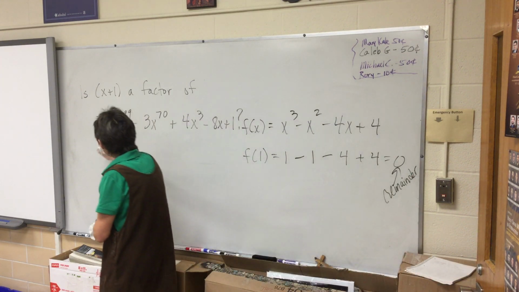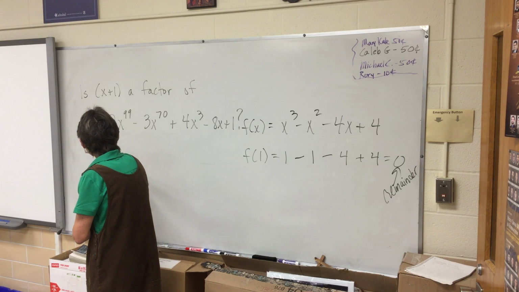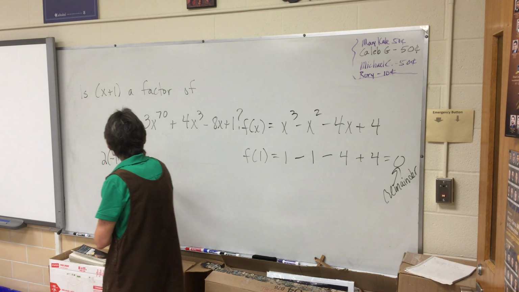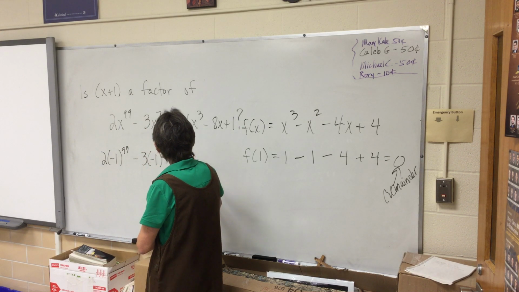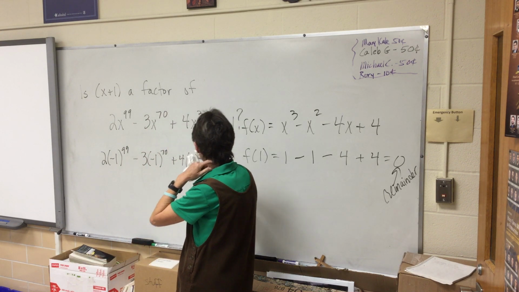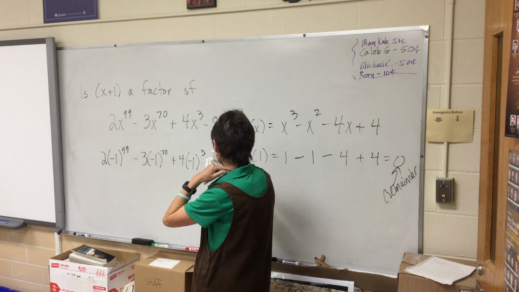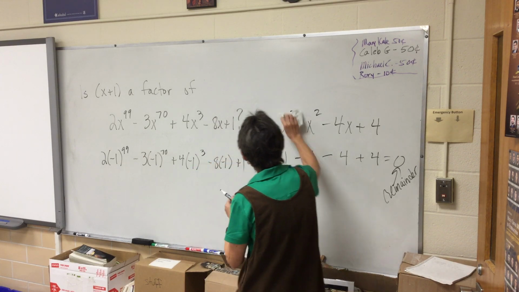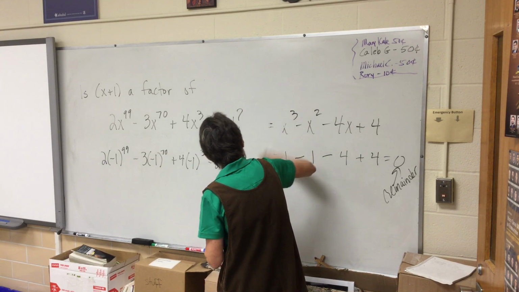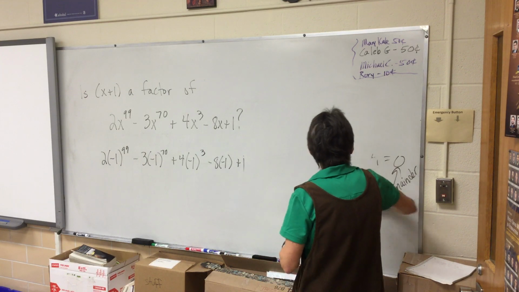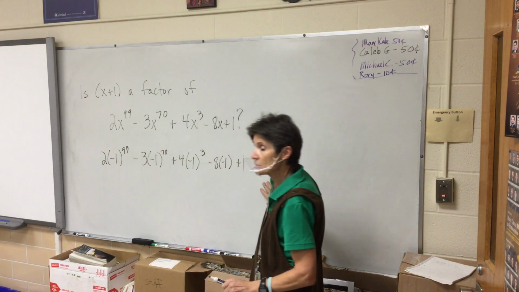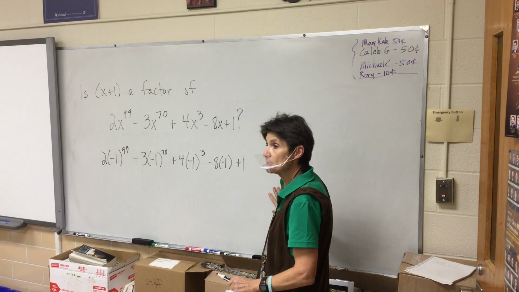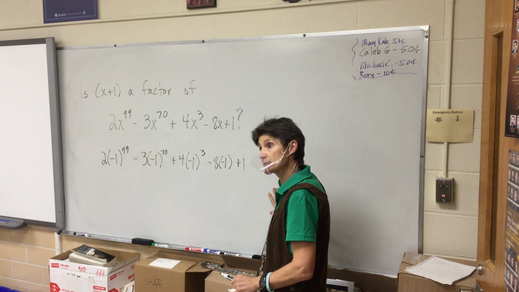So I would plug in -1 for all my x's, and this would not be hard, but at least it'd be a whole lot easier than the division. And I'll just work all that out, and if it comes out to be 0, the answer is yes.